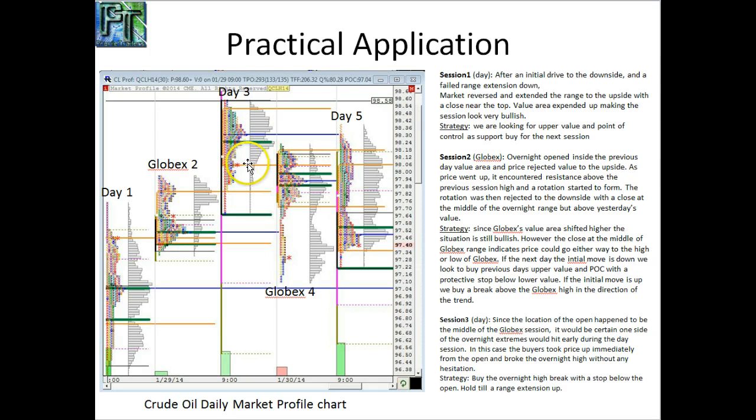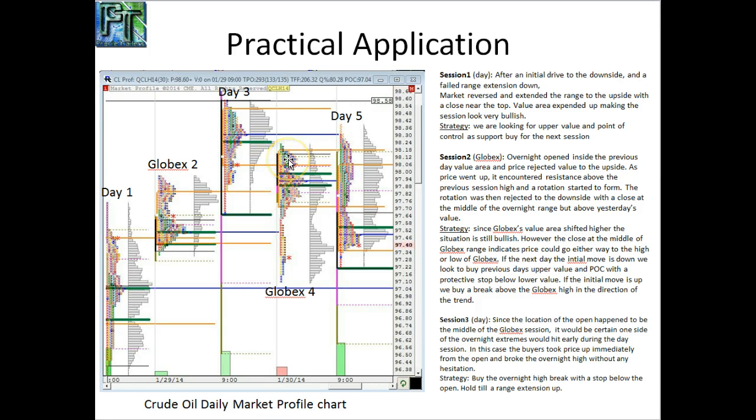And I can also see that as we shifted higher, value area width wasn't very wide. Again, lack of participation, lack of enthusiasm as it has reached these upper levels. Even though I have now 3 series of value area shifting higher, the rotation at the very top that was rejected and the close below the middle of the day's range is a bit concerning.